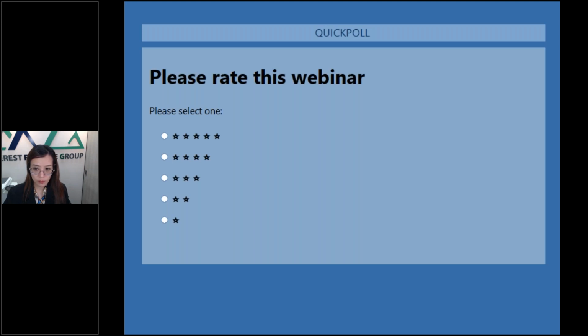And wave 3 will not be the shortest of waves 1, 3, and 5. And wave 4 cannot overlap wave 1. Just very easy to remember. The number of the retracement doesn't matter as long as it cannot go below this one. It's still considered Elliott wave. And like I say, wave 3 can be longer than wave 1 and can be shorter than wave 5. It's still considered Elliott wave.